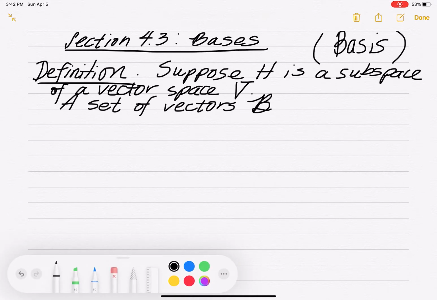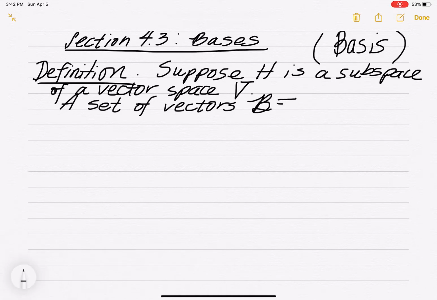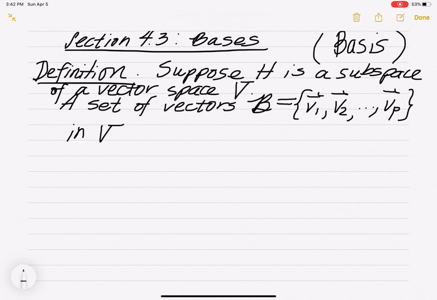So a set of vectors B, let's say the vectors are V1, V2, up to VP. So a set of vectors in the vector space V is a basis of H.